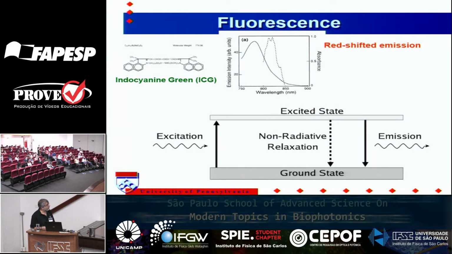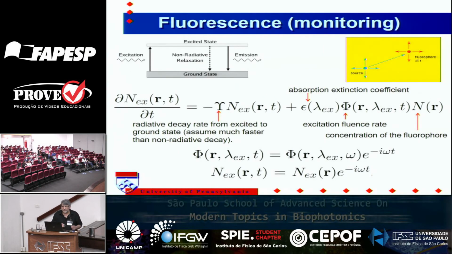Then the molecules in their excited state can either decay non-radiatively, or they can decay and give emission. Okay, let's just forget about the non-radiative decay for the moment, that just ends up degrading the quantum efficiency of the process. You can write down an equation for the rate of change of the number of excited molecules versus time in terms of this decay rate, the absorption extinction coefficient for the drug, the amount of light from your incident wave at the drug at a position r, and the number of molecules at that position r.